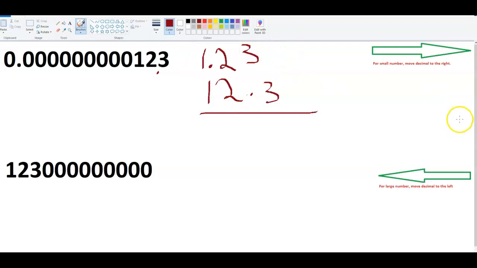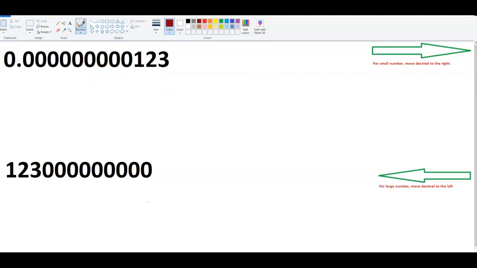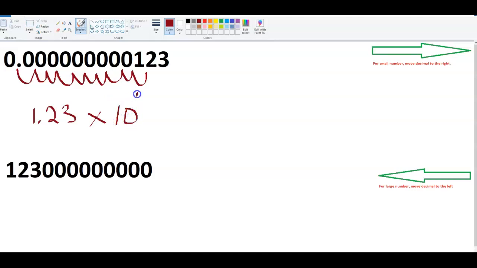So now, if I want to write this number in scientific notation, I'm going to simply move the decimal point. I'll start moving the decimal point to the right by counting 1, 2, 3, 4, 5, 6, 7, 8, 9, and 10. Which means that my coefficient is going to be 1.23. And then I'm going to multiply it by a power of 10, base 10, times 10 to the 10th power.